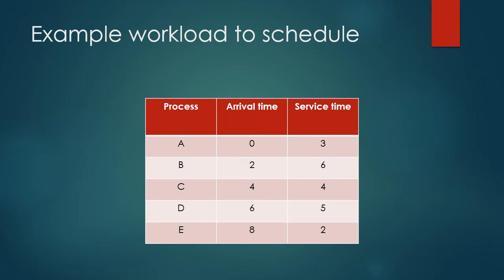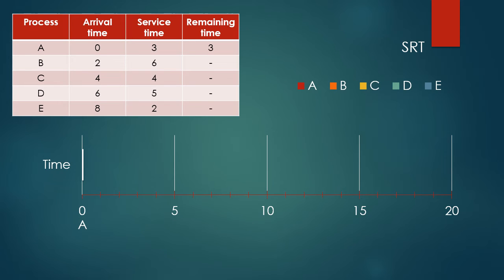Now we schedule our workload with SRT. We begin at time instant 0. A is the only process in the system and its remaining time is 3. The dispatcher selects A. A runs for 2 seconds. Then B enters the system.